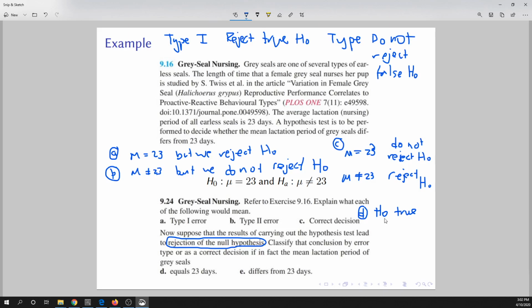So our null hypothesis was true, and we rejected it. And that's a mistake, because if it's true, we don't want to reject it. We want the truth. So that's an error. What type is it? Well, it's a type 1. A type 1 is when you reject a null hypothesis that's true. So this is a type 1 error.